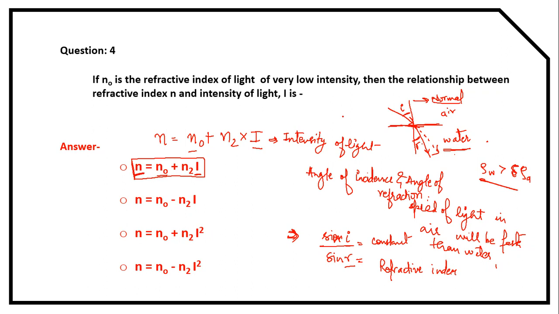So there is a direct relation, that is n is equal to n naught plus n2 into I. Here, since refractive index has no unit, it is unitless or dimensionless, n naught also does not have any unit. Intensity has some unit, and therefore n2 has a unit that is the inverse of intensity. These cancel out each other and you get a resultant that is unitless.